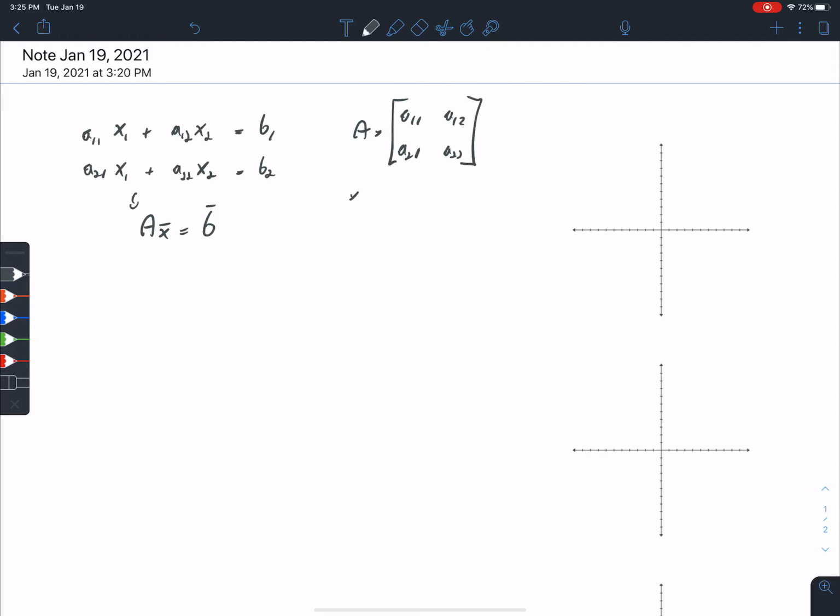Our vector x will be x1 and x2, and our vector b will be b1 and b2.